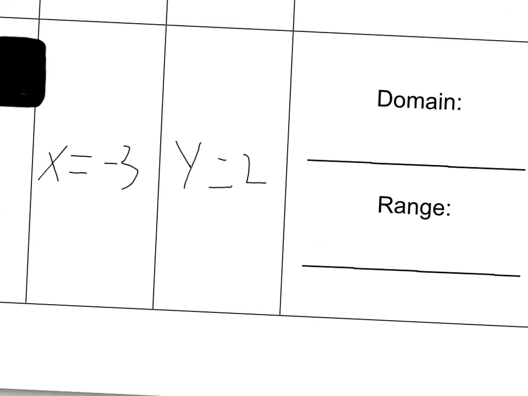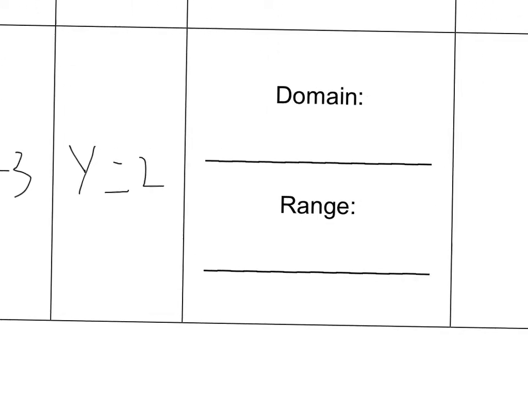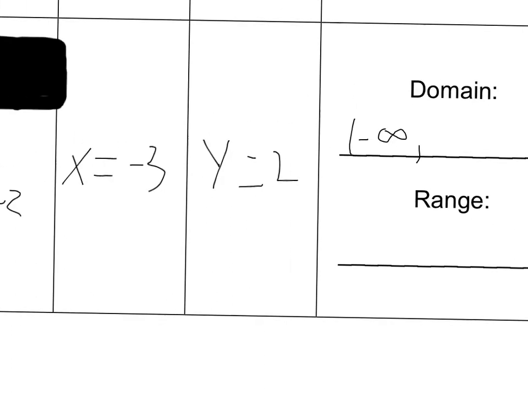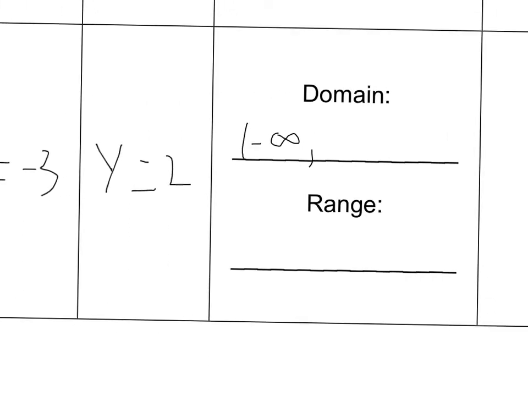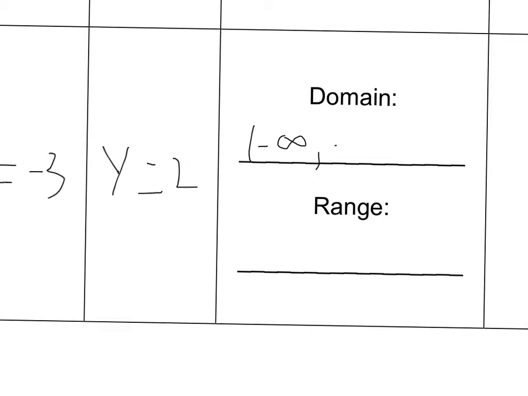Next, we'll do our domain and range of this function. Always start with negative infinity. Go to your vertical asymptote for domain, which is negative 3. Union, negative 3, comma infinity.